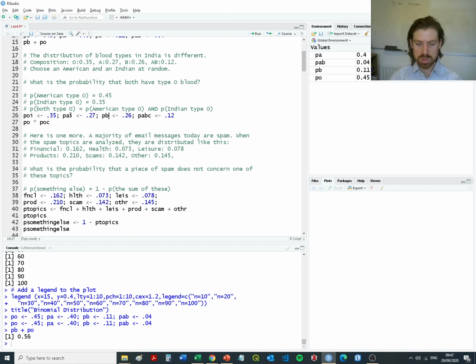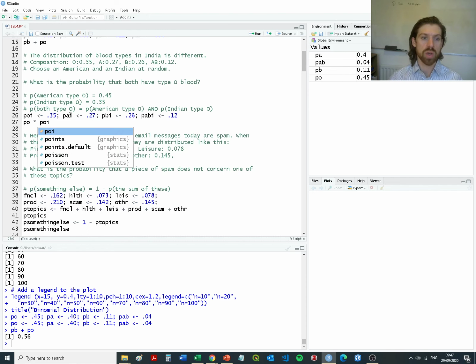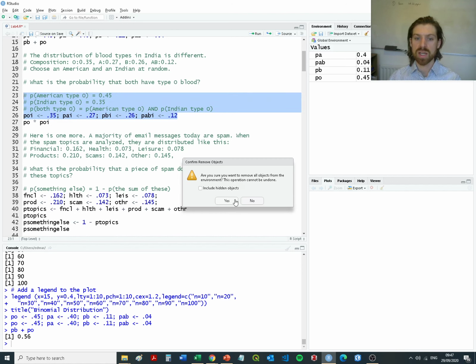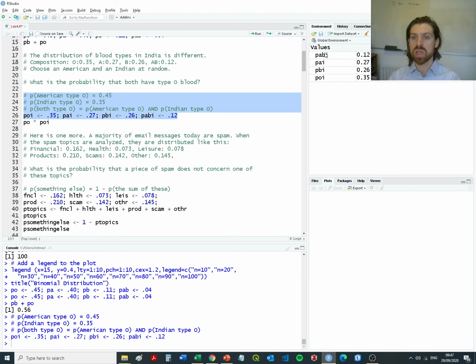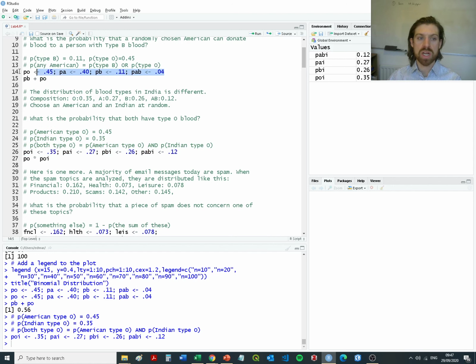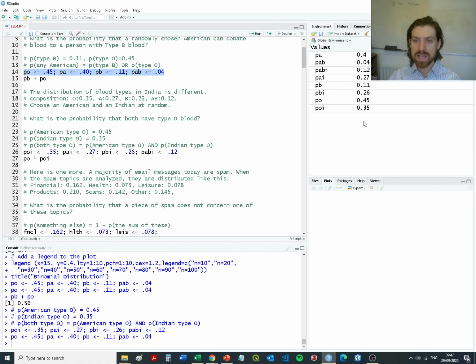These were residual. Okay, great. So let's just load in those probabilities first. So I'm just going to clear the ones that we've got already. So here we have all of the probabilities for the different blood groups for India. We're going to reload those ones for the US. So now we've got all of our blood groups. And in this particular case, we want to use the AND operator.